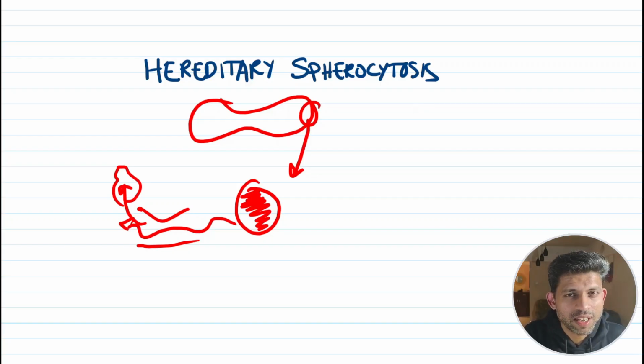This condition can be diagnosed with the help of CBC, where you see anemia and increased mean corpuscular hemoglobin. Coombs test is negative and peripheral smear shows spherocytes and reticulocytosis. We also touched upon aplastic crisis which occurs due to parvovirus B19 infection.